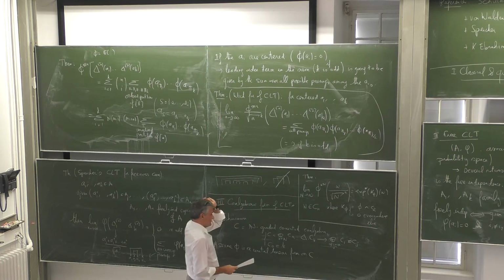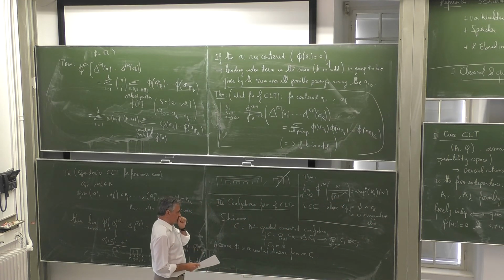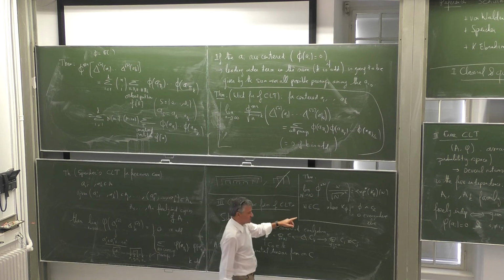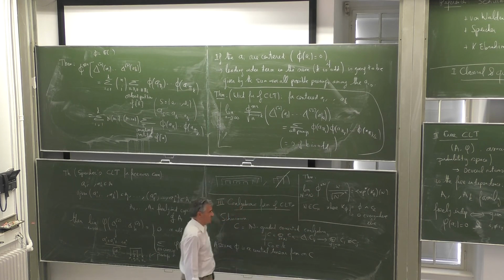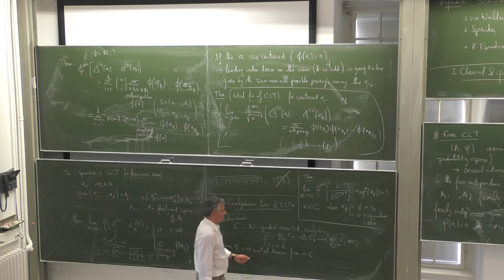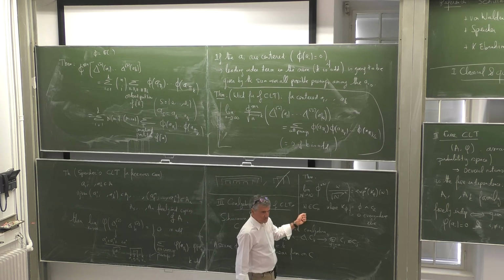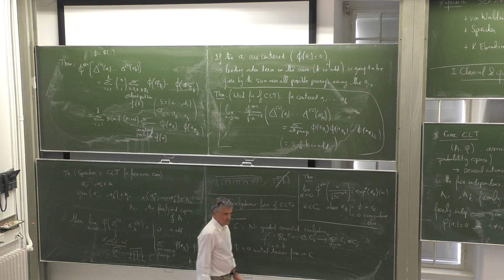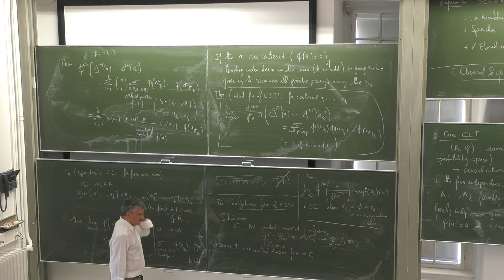So if you think in terms of the classical versions I stated of the central limit theorem, this is exactly the same statement up to some sophistication. But now the interest of the theorem is that it applies to all coalgebras. In particular, one can show that it also applies to the free case and to other situations where central limit theorems hold.